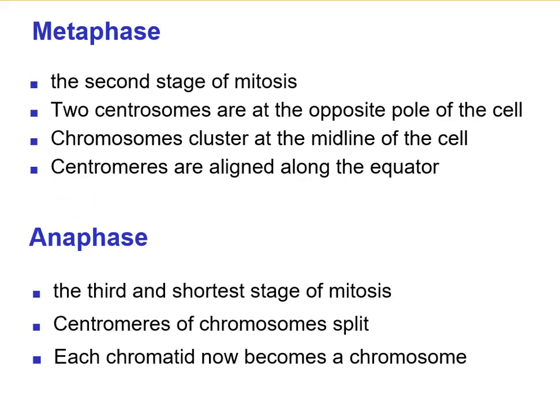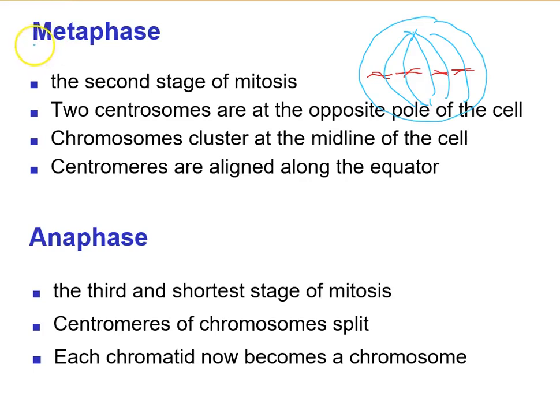So again, if I want to draw a cell during the metaphase, there is no nuclear envelope, the chromosomes are released, and now we can find them in the midline of the cell, and they are actually going to be held by the spindle, the mitotic spindle, something like that.